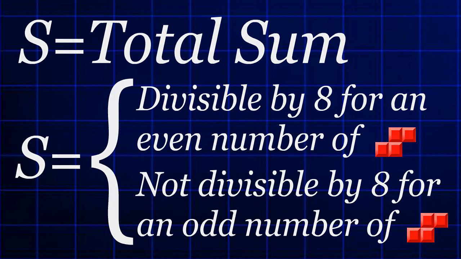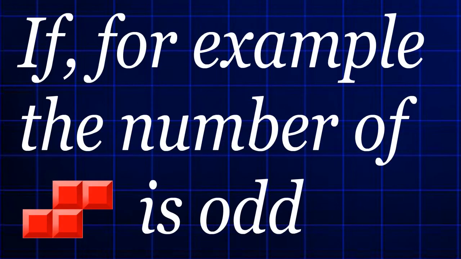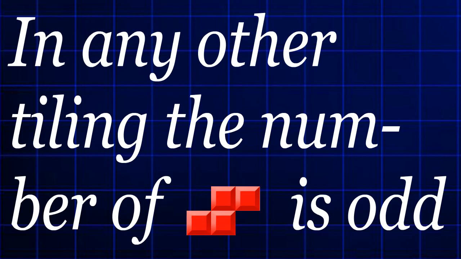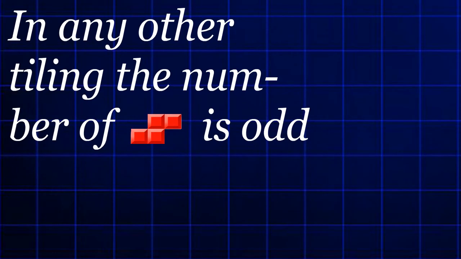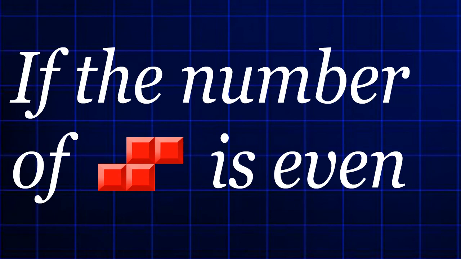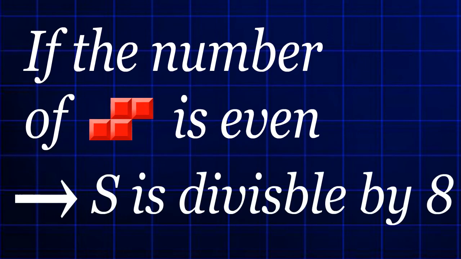Hence, if, for example, in one tiling the number of red tetrominoes is odd, that is, the total sum is not divisible by 8. Then, in any other tiling the number of red tetrominoes cannot be even, since all the other types of tetrominoes do not contribute to the sum. And hence, if the number of red tetrominoes is even, then the total sum is divisible by 8.